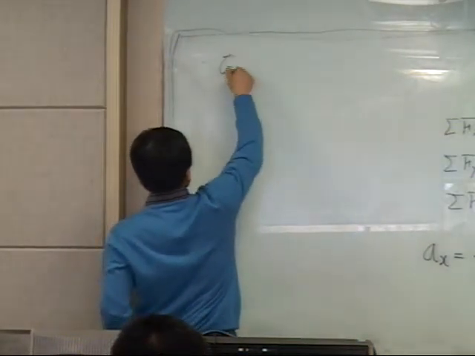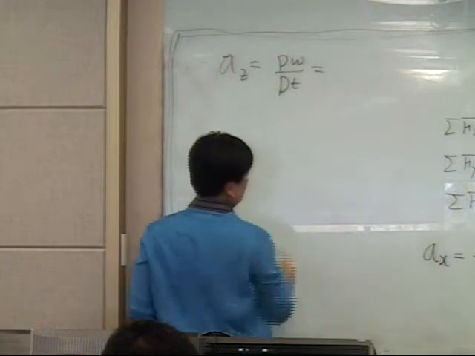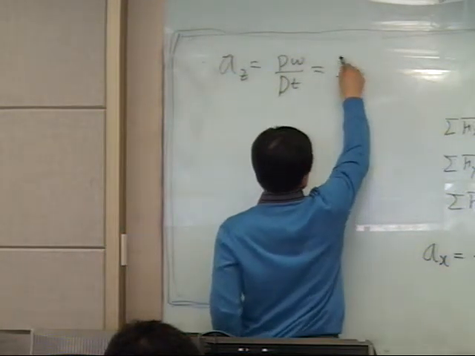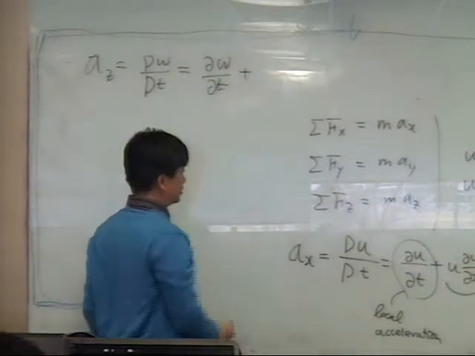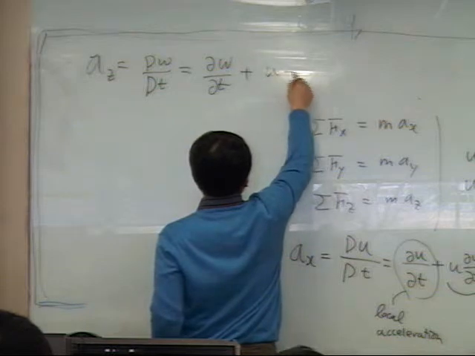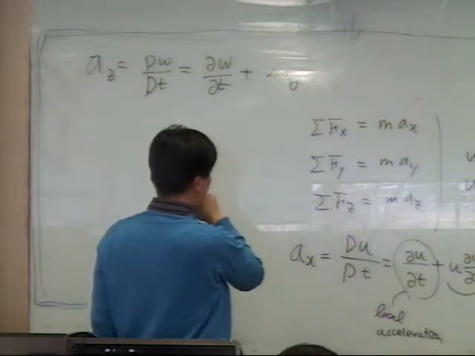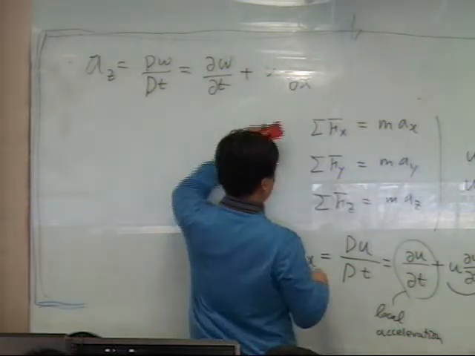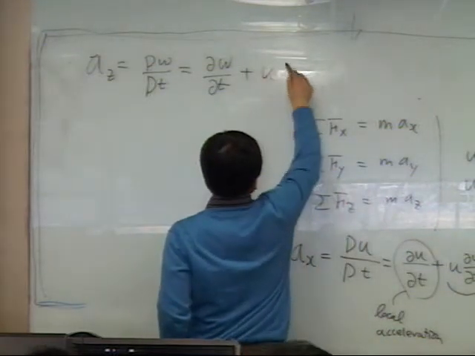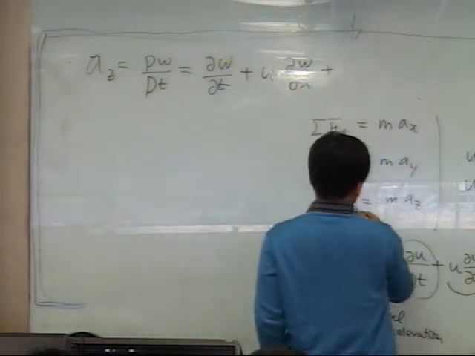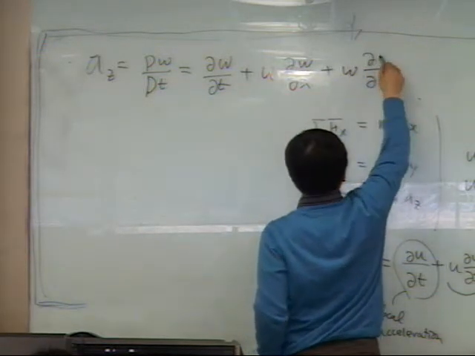The acceleration in the y direction, ay, will be partial w partial t, plus u partial w partial x, plus w partial w partial y, right?